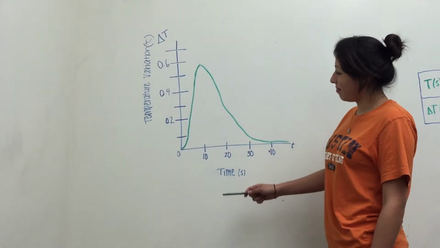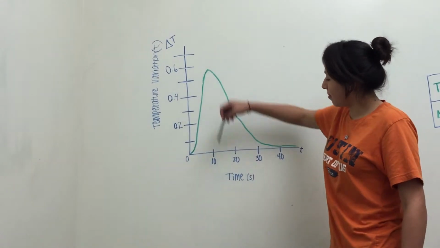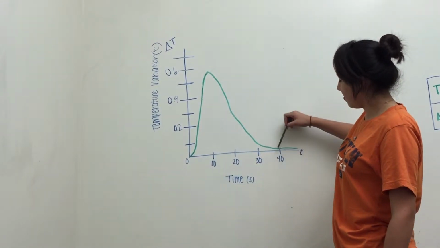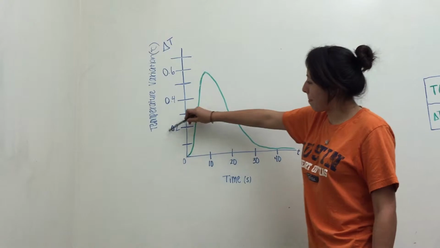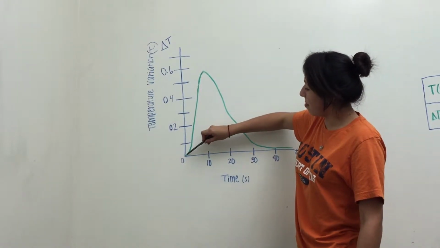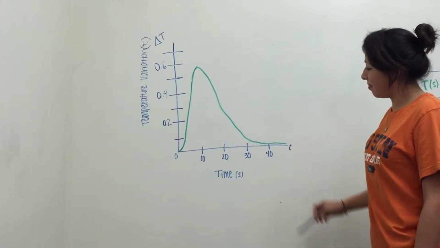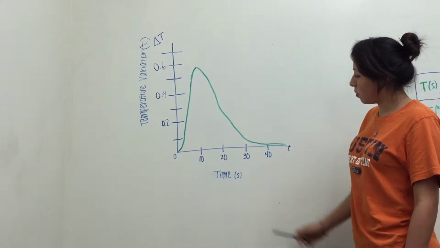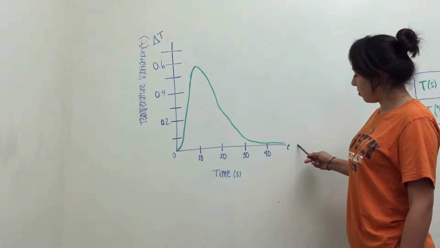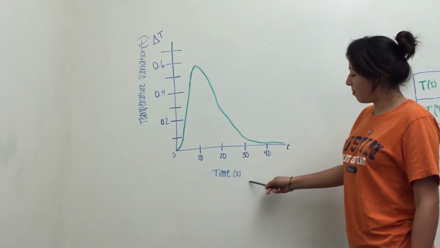The graph represents temperature change over a time period of 40 seconds. Temperature variation represents the change in temperature from normal body temperature to the temperature after the injection of dextrose solution. The independent variable on the x-axis is time, measured in seconds.